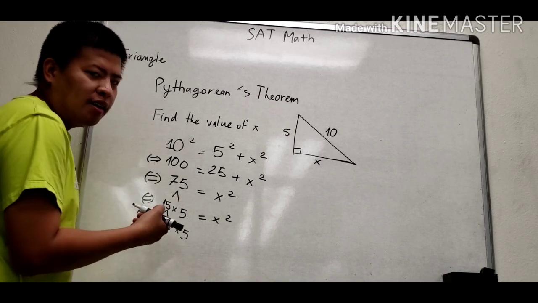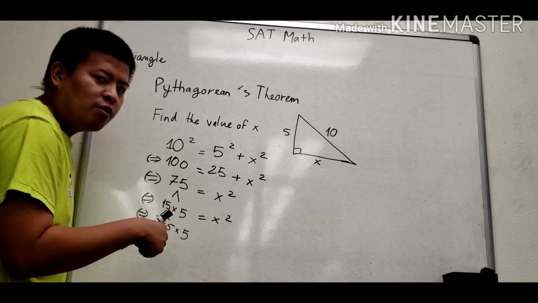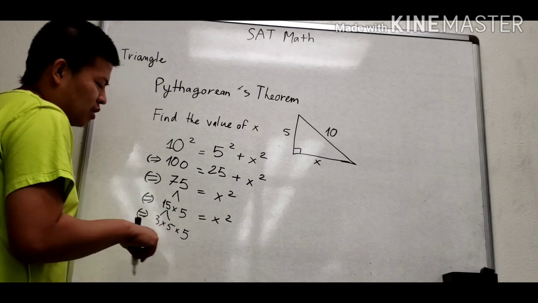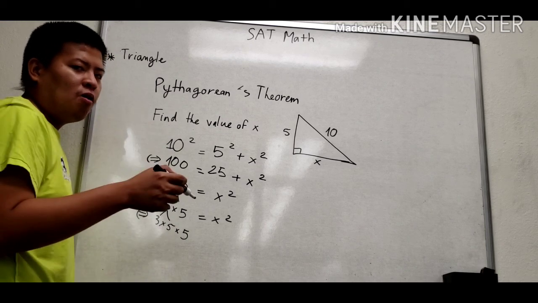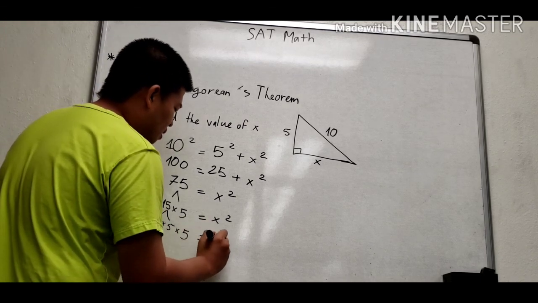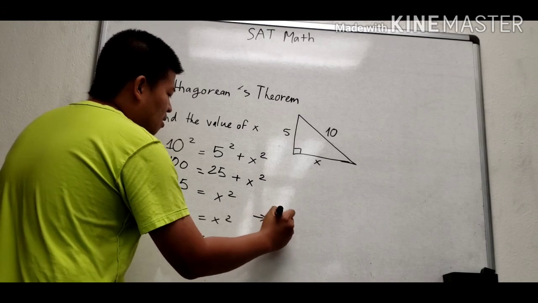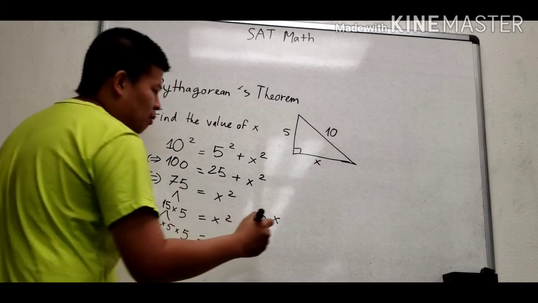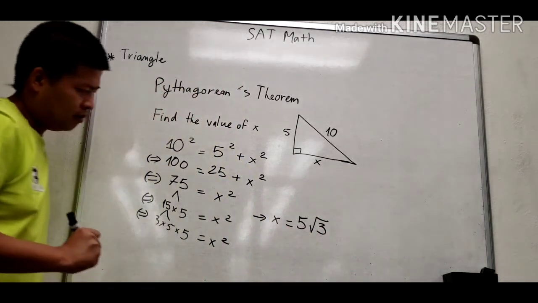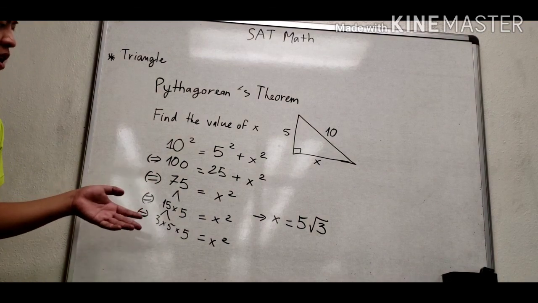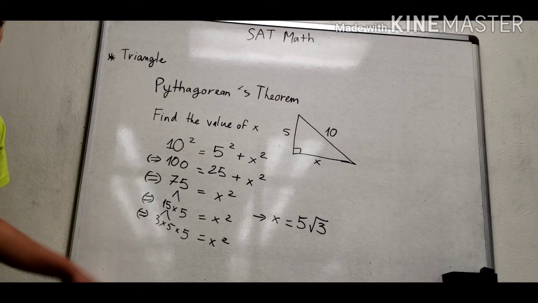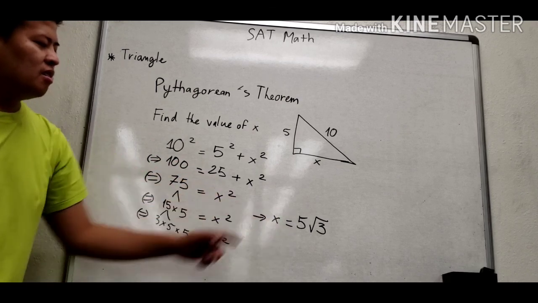That's why I need to factor the number into primes, so that when you take the square root, you get 5 square root of 3. On the SAT math, they will put in simple numbers, so that when we take the square root on both sides, it becomes 5 square root of 3. That's why we need to learn to factor the number, to find the square root, and to find a basic number like this.